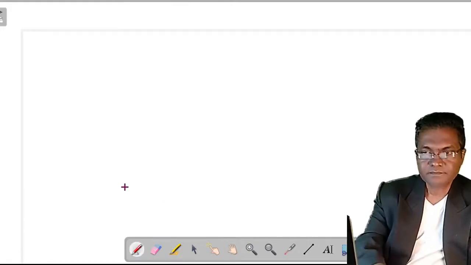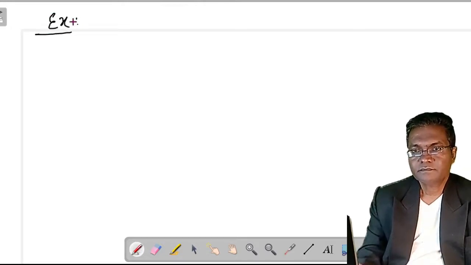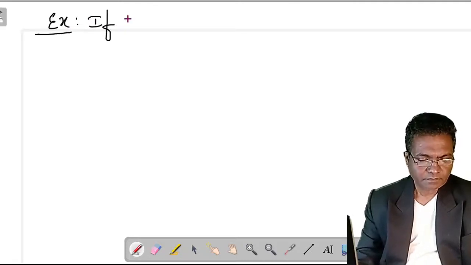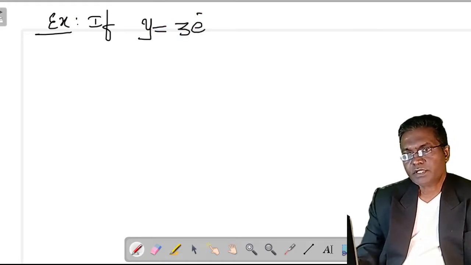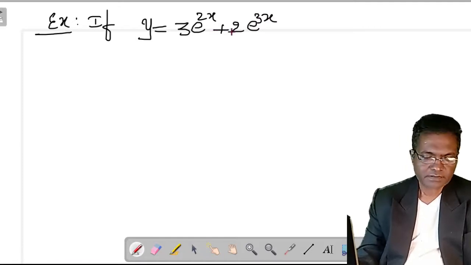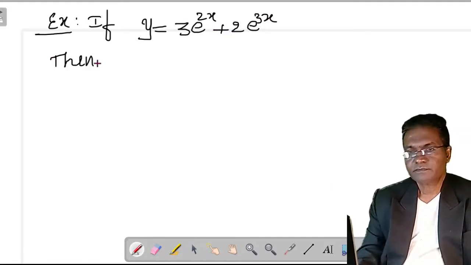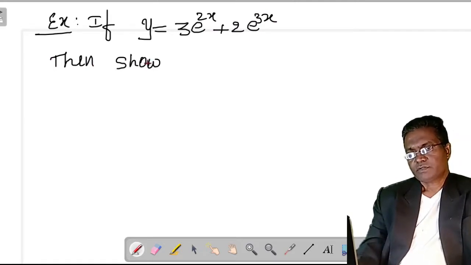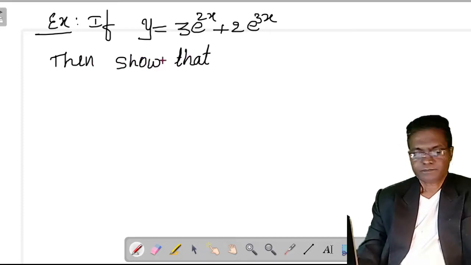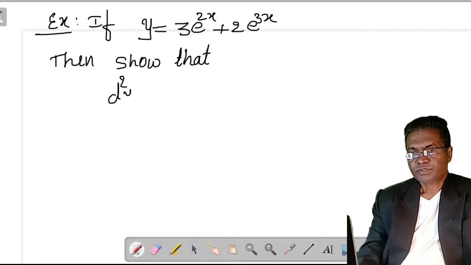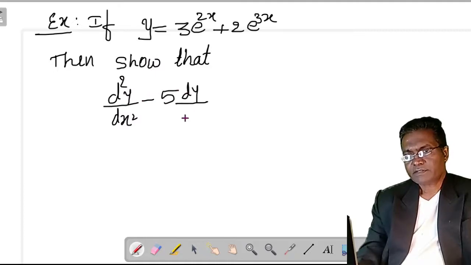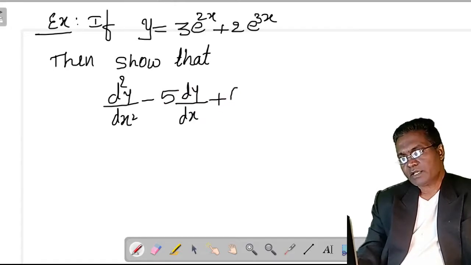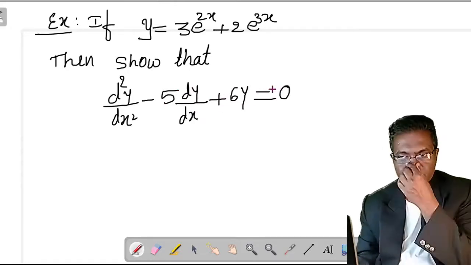Right. If y is equal to 3 e power 2x plus 2 into e power 3x, show that d square y by dx square minus 5 dy by dx plus 6y equals 0.